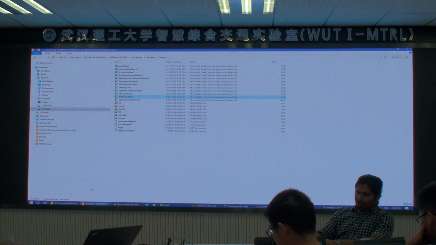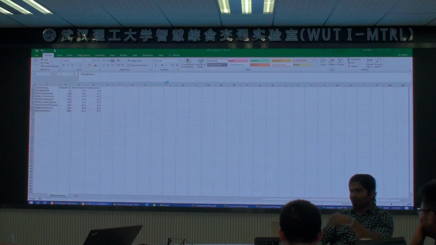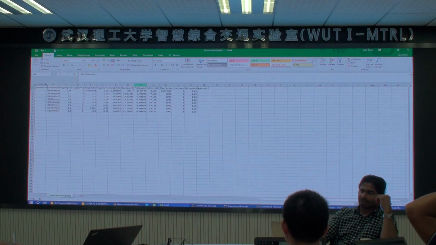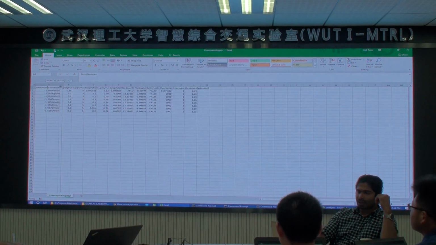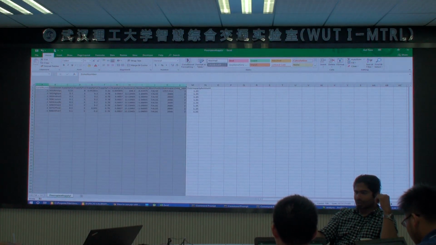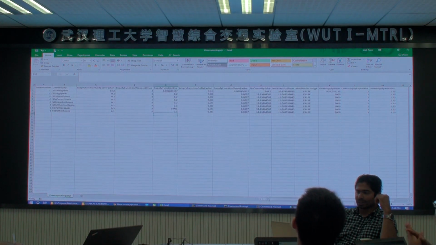Another important file is the floor space supply file, which calculates the vacancy rates, or how much space is going to be available in each year.